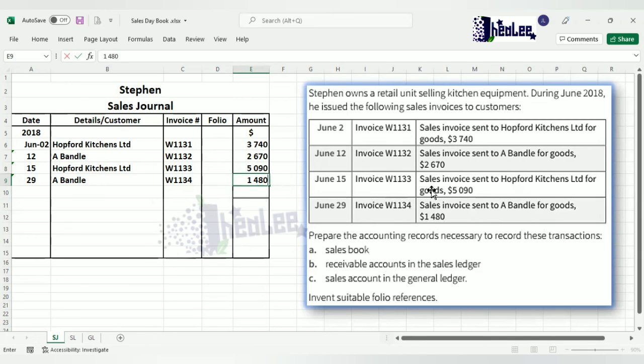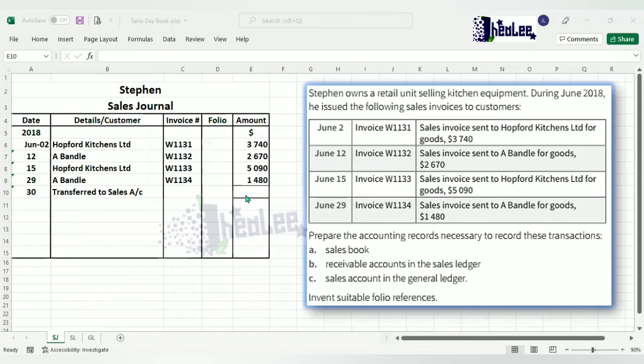Now that we have recorded all the credit sales, we are now going to total at the end of the period, which is June 30th. Our details is total credit sales for the month, or you can simply write transferred to sales account.